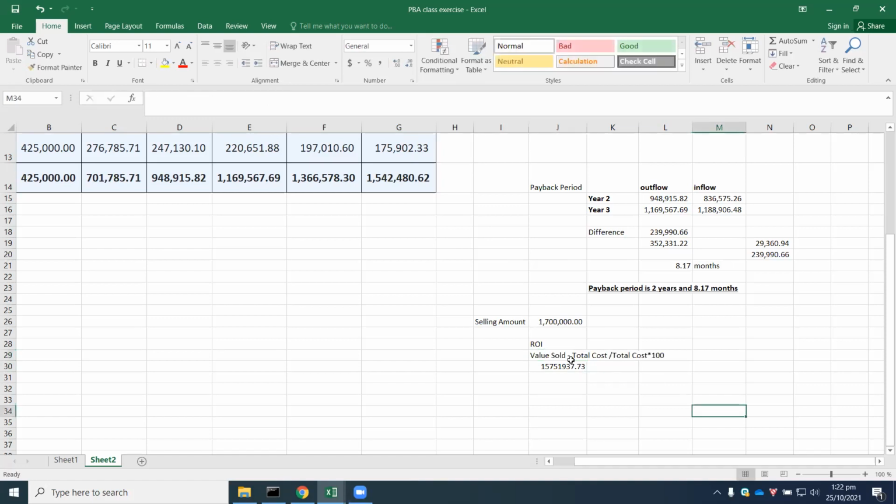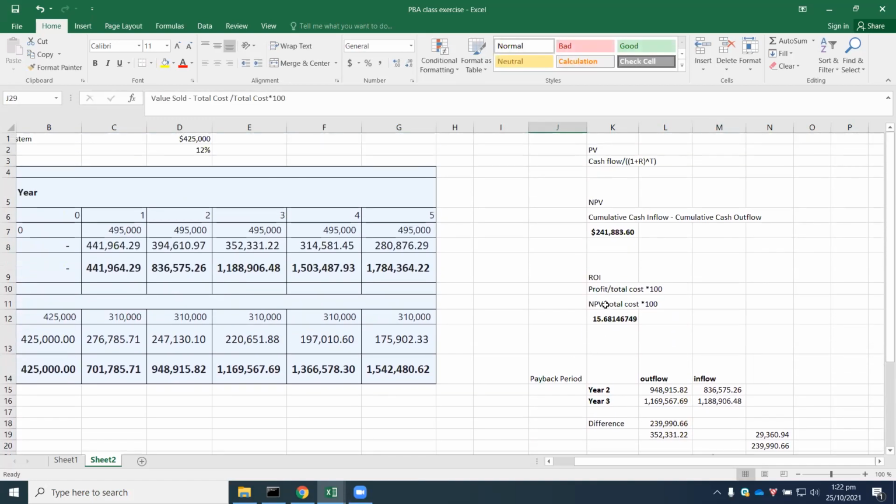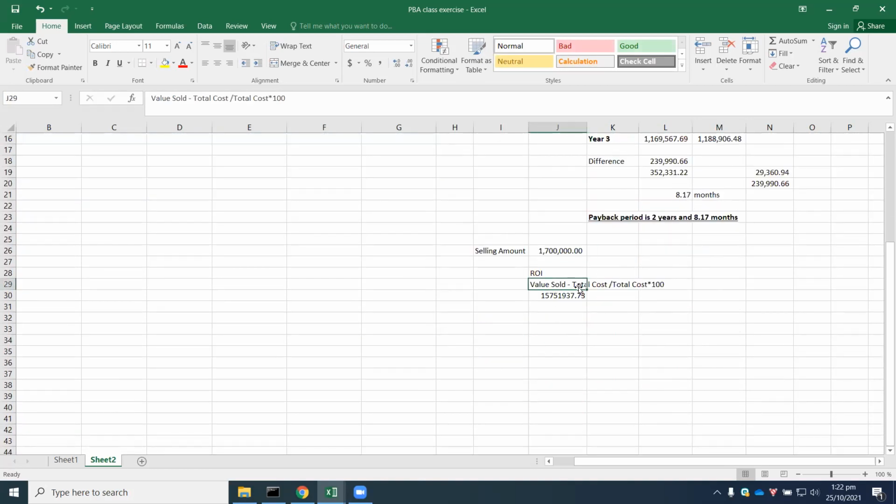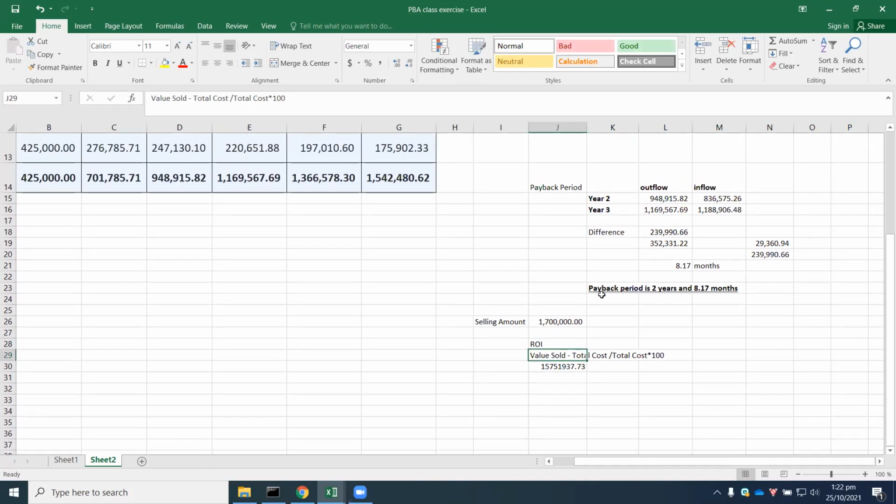Now, this formula is very much the same as what you have here. Profit over total cost. So the value sold minus the total cost will tell you whether you have achieved a profit or loss, divided by the total cost, multiplied by 100. So therefore your value, let me do this again, is 1.7 million minus this value, close the bracket, divided by this value, multiplied by 100.